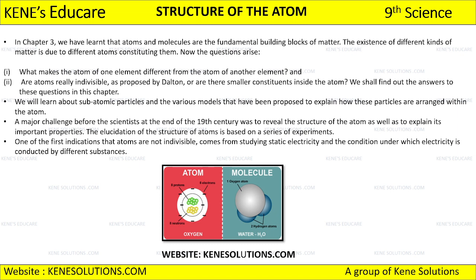After that we discussed that the existence of different kinds of matter is due to the different atoms constituting them. Because different atoms are present, they are responsible for the formation of matter.